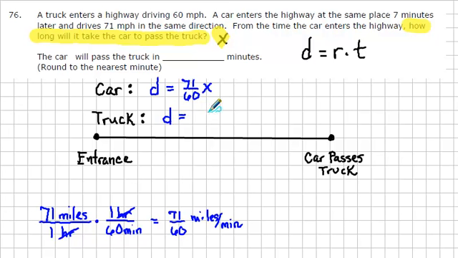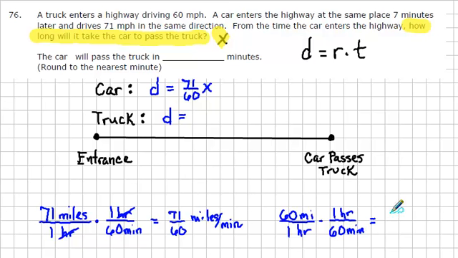But what is d equal to now? Distance is equal to rate times time. The rate of the truck is 60 miles per hour. Let's convert 60 miles per hour to miles per minute. We have 60 miles per 1 hour multiplied by 1 hour per 60 minutes.